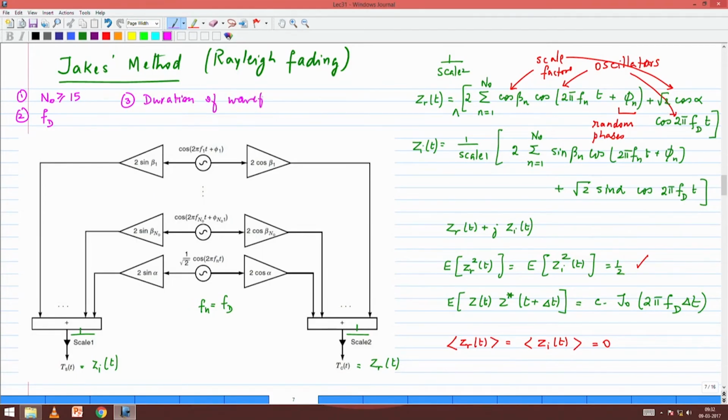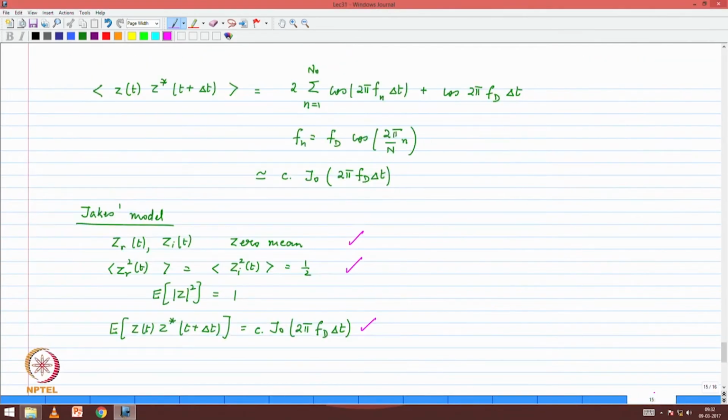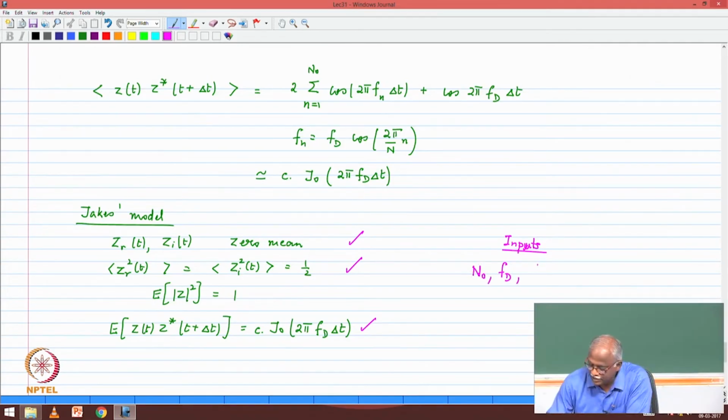So the inputs to Jakes model would be the maximum Doppler, the number of oscillators n naught, and the length of the fading waveform, let's call that N.